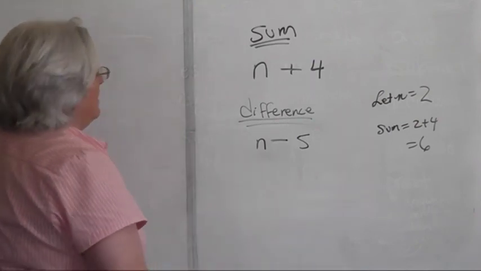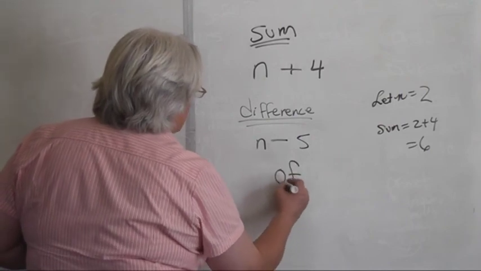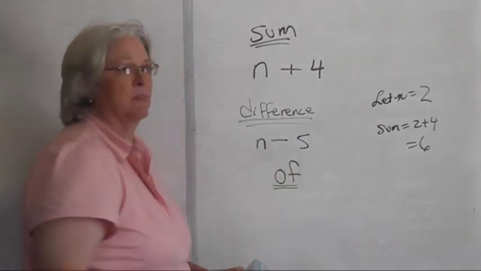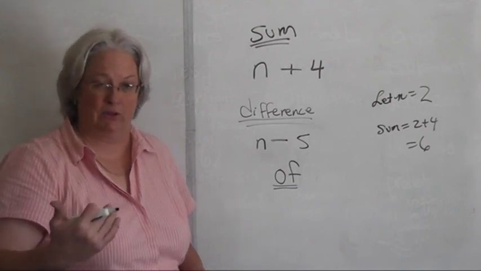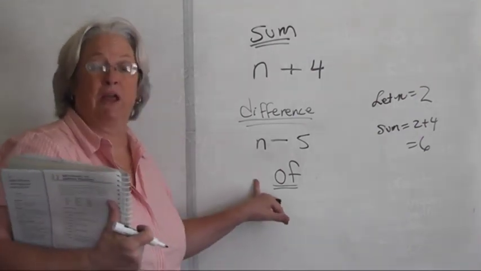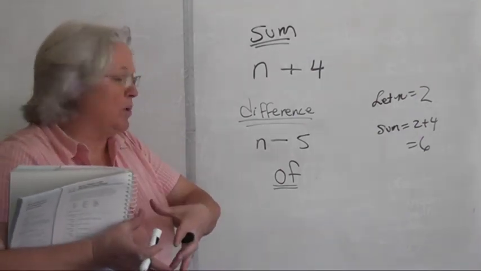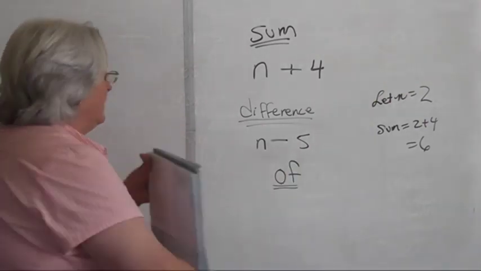Now we have 1/3 of a number. Of is a word that I'm surprised they didn't have on the list, and I didn't think of it immediately. Of means multiplication. We're like 1/3 of a number. We're going to split it up into 3 parts.